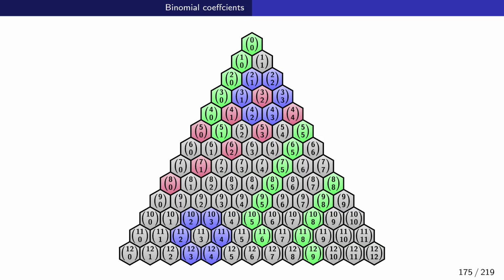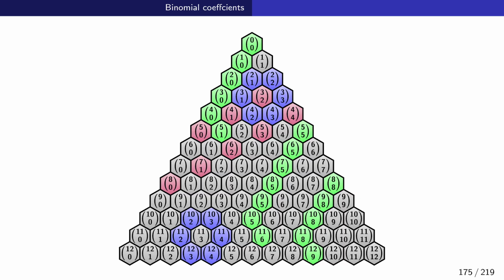If I know 0 choose 0, 1 choose 0, 1 choose 1, I can get every single other binomial coefficient that I could possibly want. And then we get Pascal's triangle, which is this object right here.